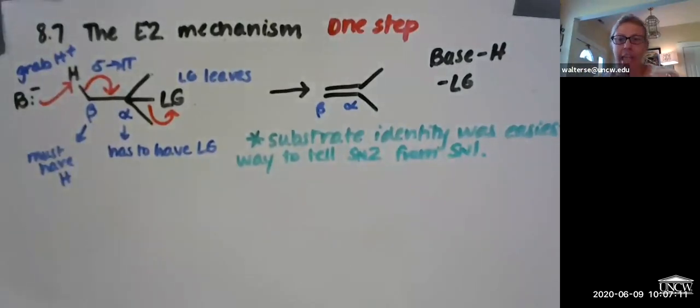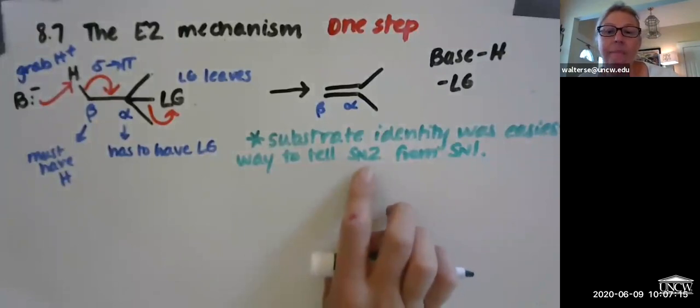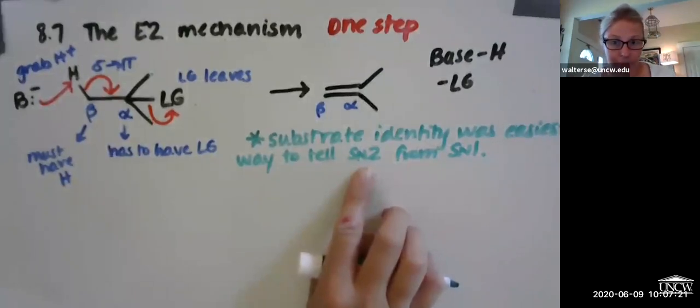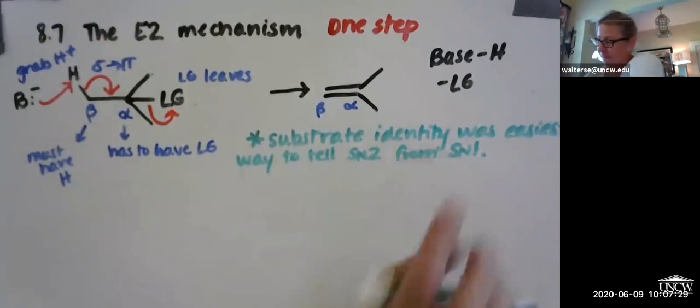If you wanted an SN2 mechanism, you had to have a methyl or a primary substrate. Secondary in some circumstances, tertiary would never work. SN1, you needed to go through a carbocation intermediate, so you needed a secondary or a tertiary substrate.